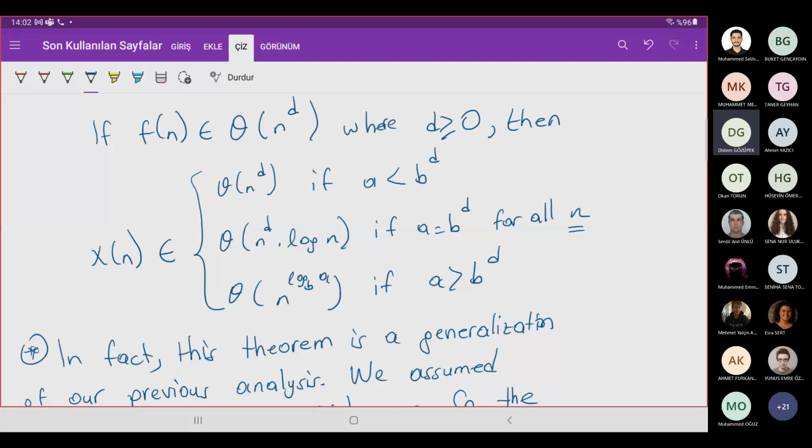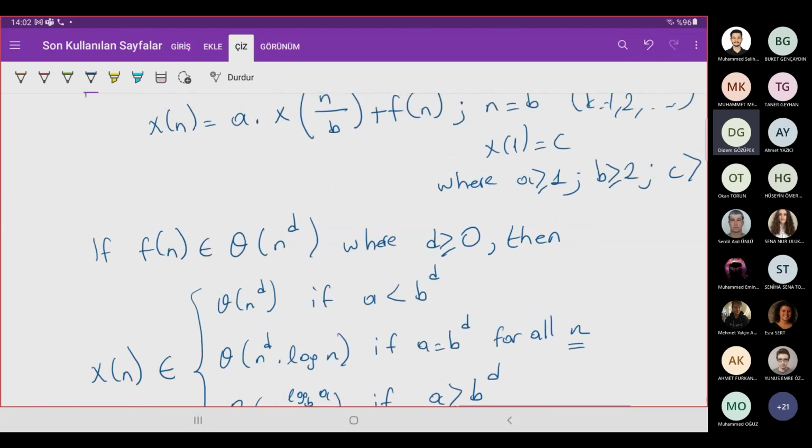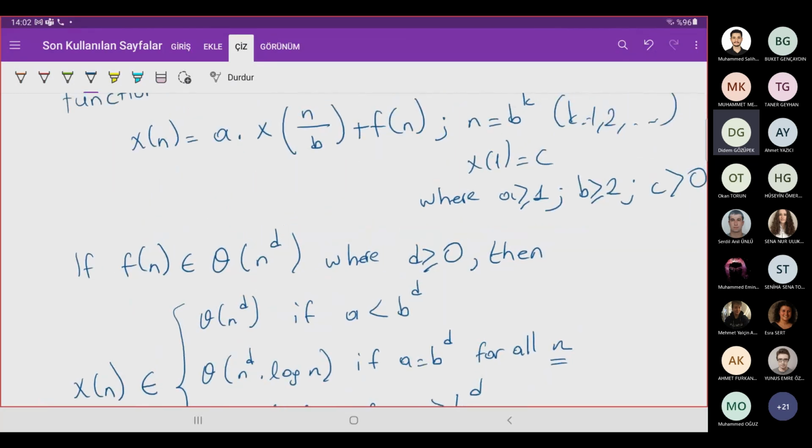So this f(n) is actually n, which means d is equal to 1. So it's actually 2 times x(n over 2) plus n, right? With merge sort, because we divide it into 2 and we do the same thing on both parts. And this is true for quicksort also, and then f(n) is n, because we do the merging step in linear time always, in each iteration, in each recursive step.